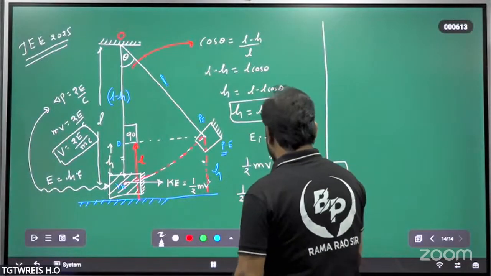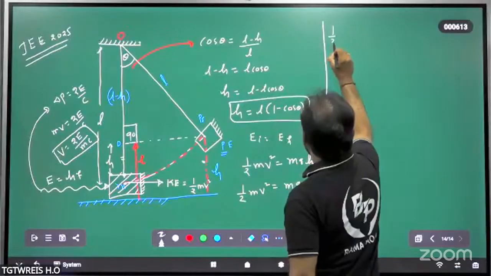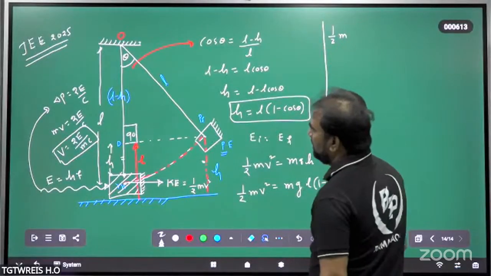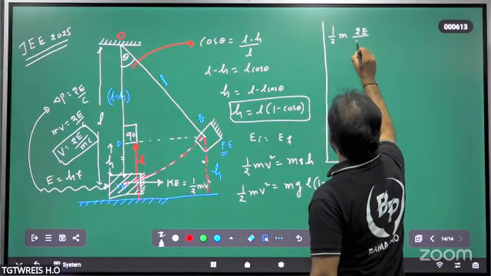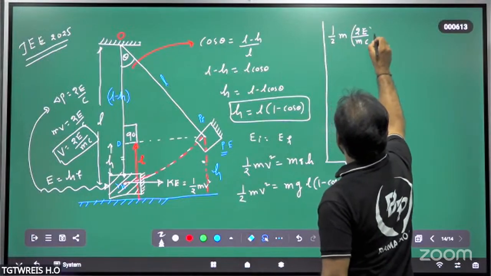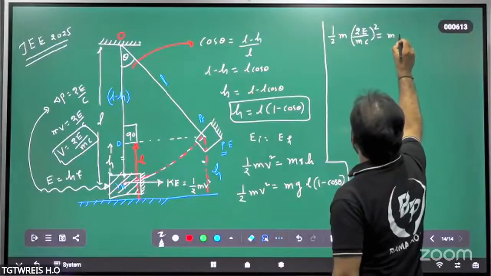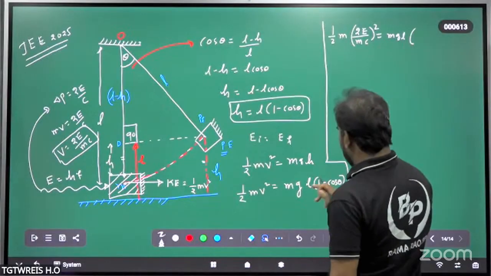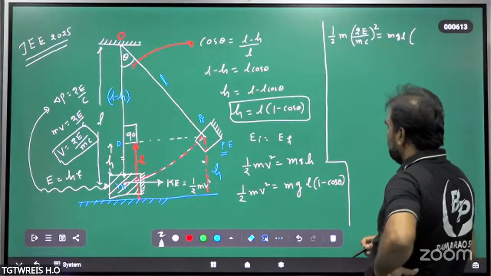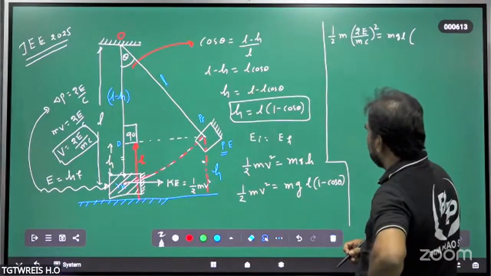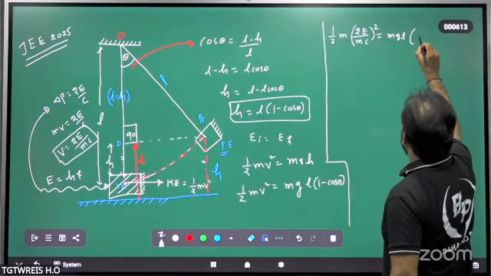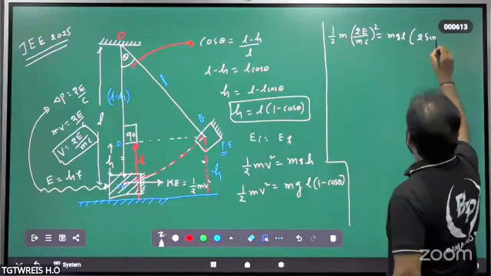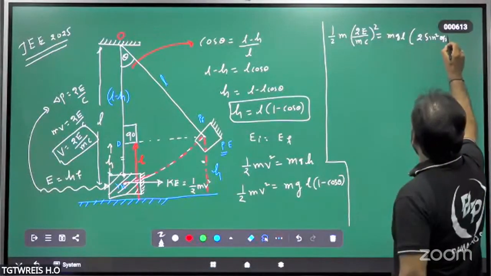What will you get here? Half of m into v square, where v is 2E upon mc whole square, is equal to mgl into 1 minus cos theta. We have to write 1 minus cos theta in the form 2 sin square theta by 2.